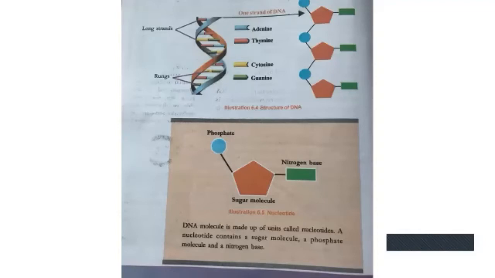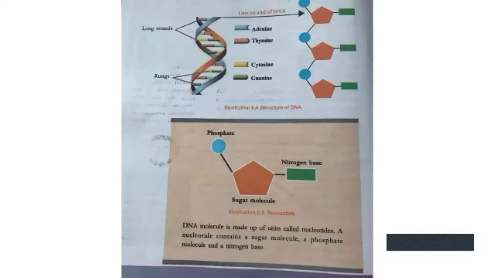There are four kinds of nitrogen bases: adenine, thymine, cytosine, and guanine. Adenine always pairs with thymine, and cytosine always pairs with guanine. And these DNA strands, as you can see in the picture, are made up of phosphate, sugar molecule, and nitrogen base. These are the three components of a DNA strand.